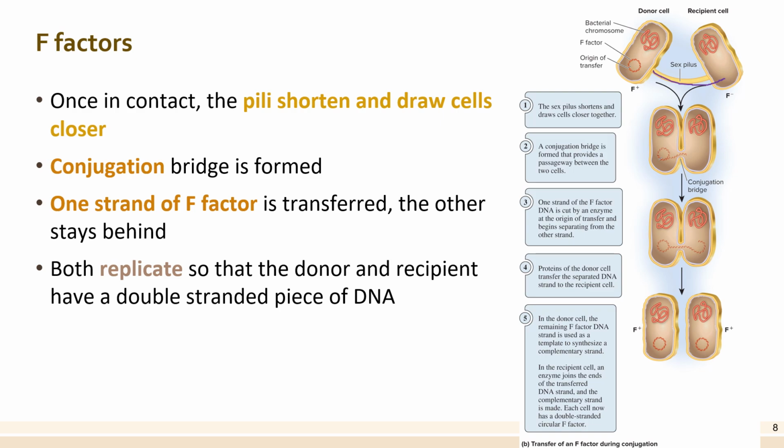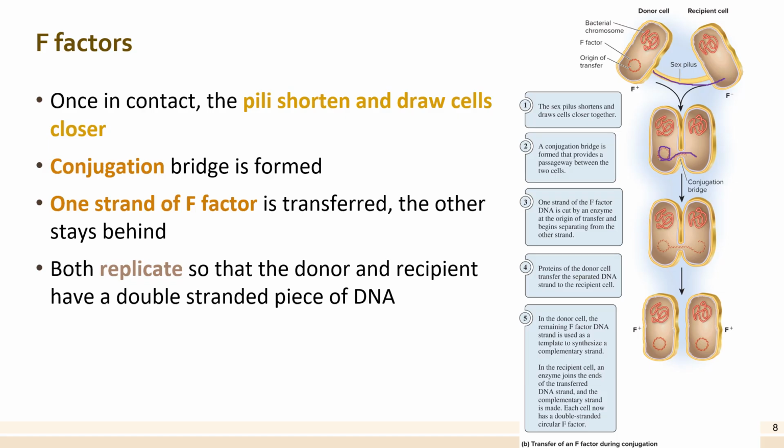Once that conjugation bridge is formed, the plasmid, or part of the genomic DNA, depending on if the F factor is located in the plasmid or in the genome, is going to be replicated and basically spooled across, unwound into the cell on the other side.